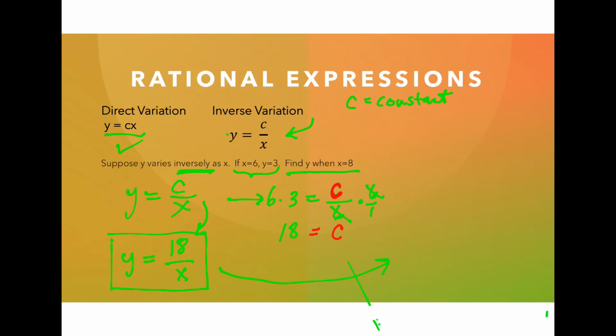They say, okay, now that you've established that relationship where x is 6 and y comes out to be 3, if that's the case, find out what y would be if x was equal to 8. So we can substitute 8 in for x. And we get a fraction there. We see that y is equal to 9/4, so a fraction, when x is equal to 8.